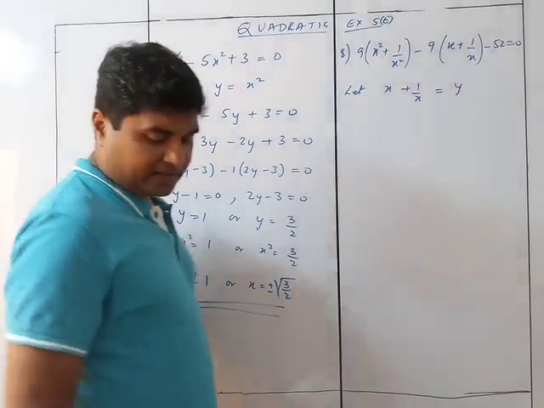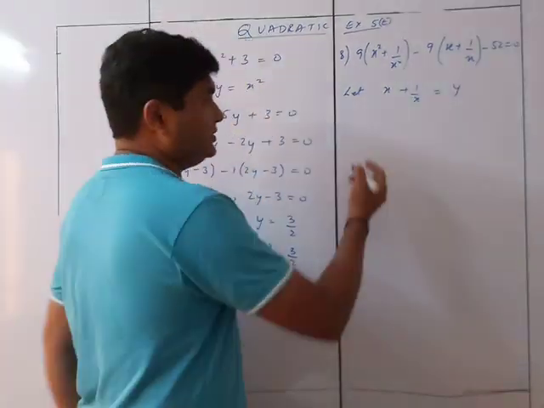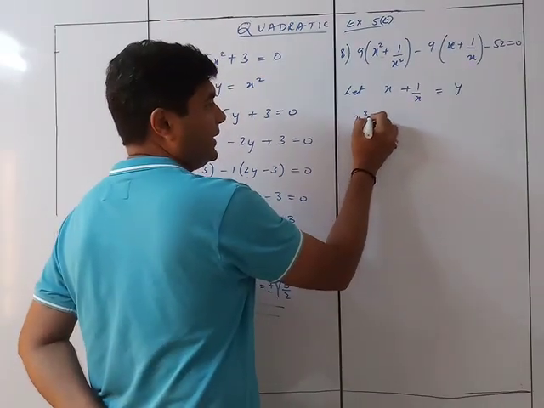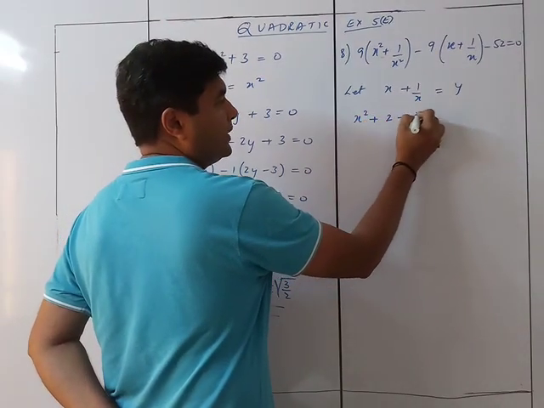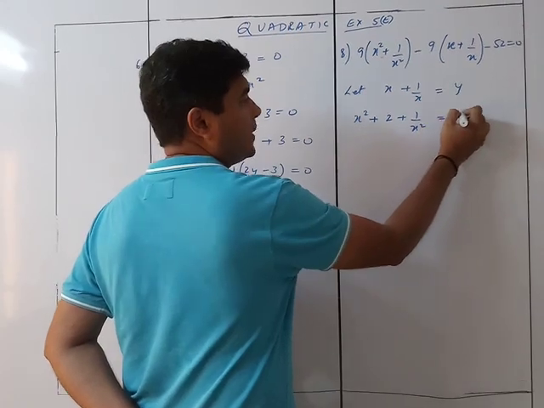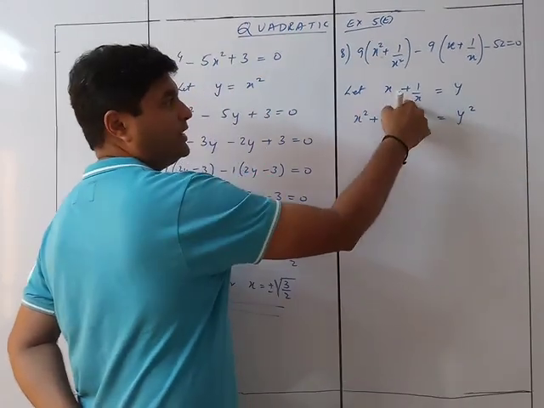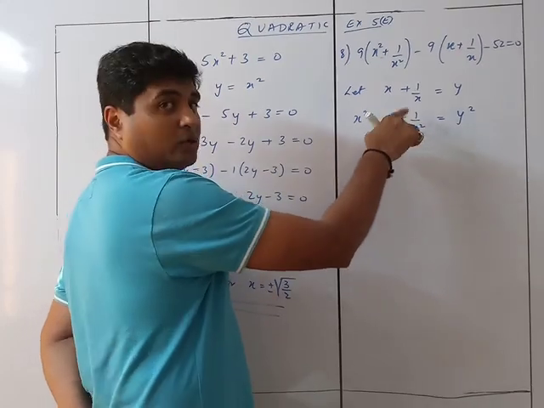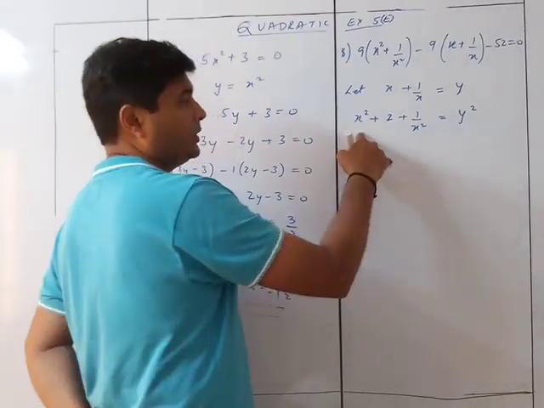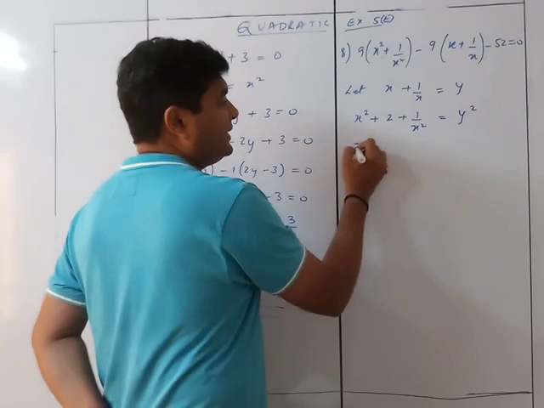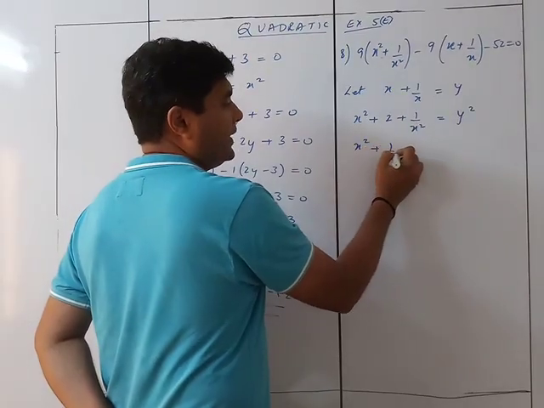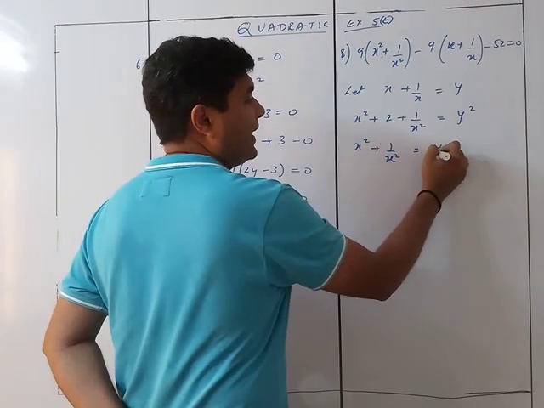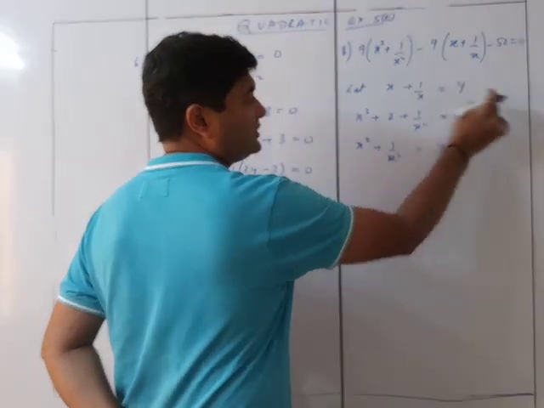Now the moment you take this and square it, this will become x square plus 2 plus 1 upon x square is equal to y square, because a plus b the whole square is a square plus 2ab plus b square. ab over here is x into 1 upon x, x gets cancelled. So we have that x square plus 1 upon x square is equal to y square minus 2, because the 2 goes over here.